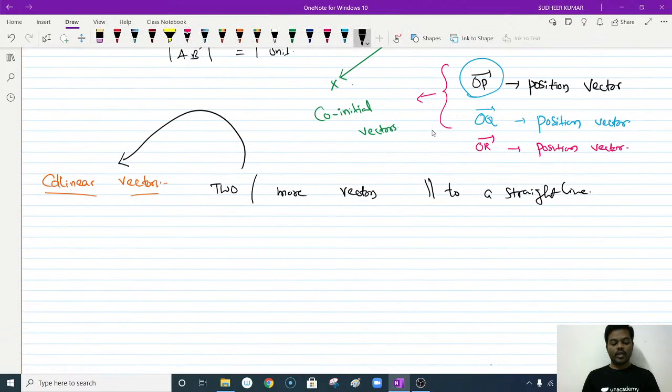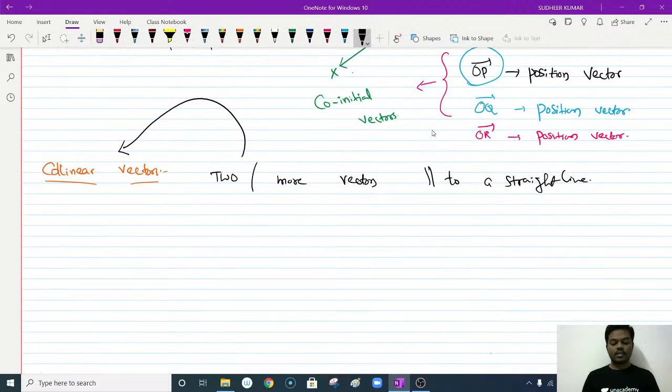Next, equal vectors. What are equal vectors?